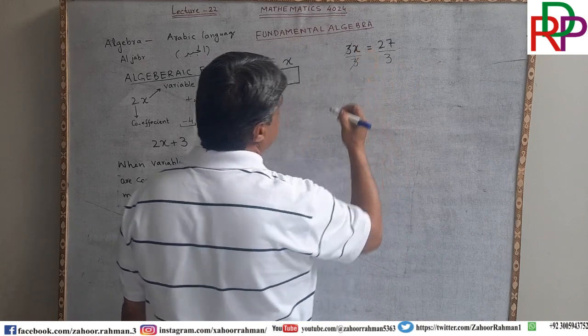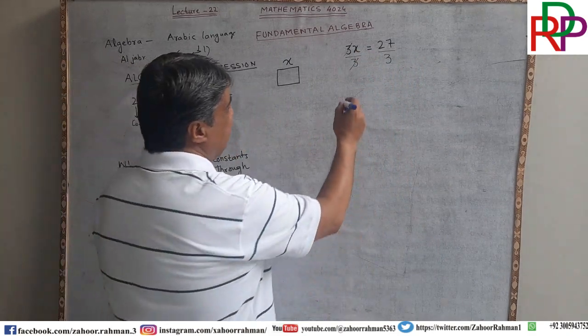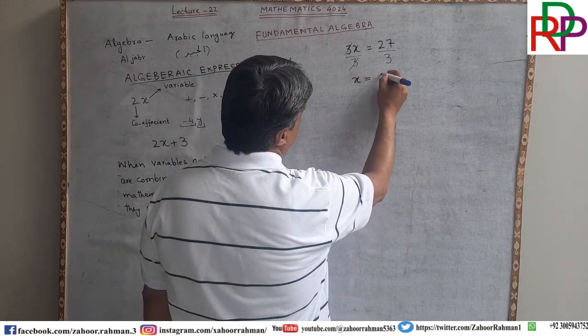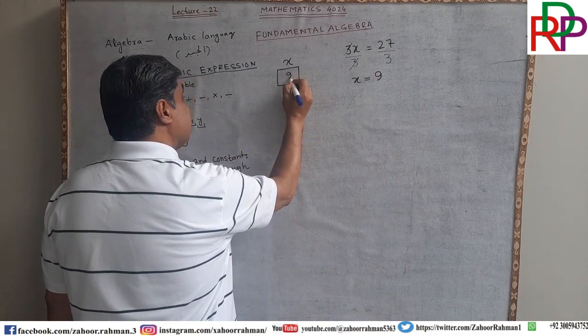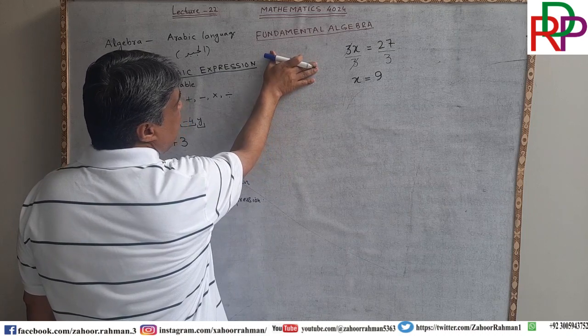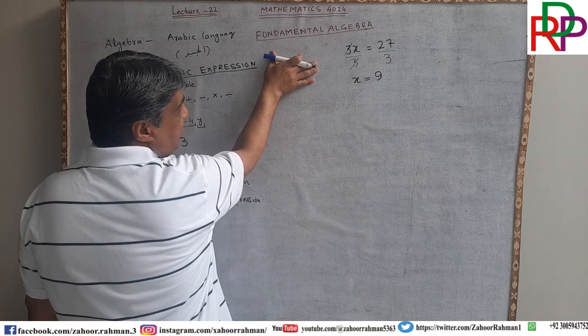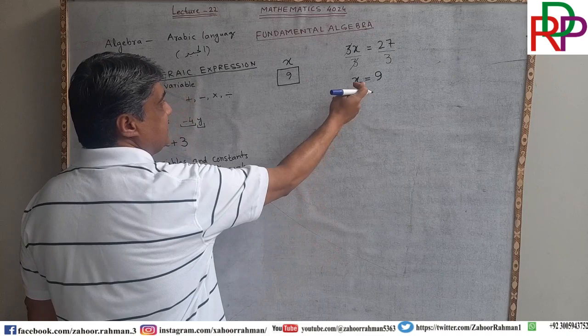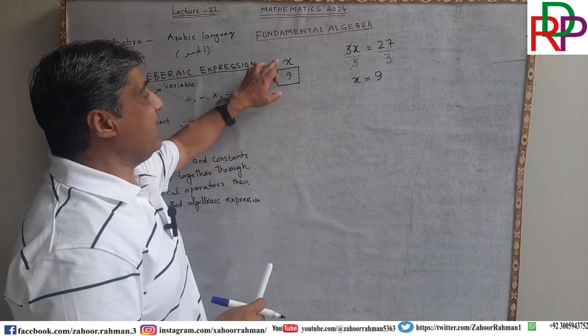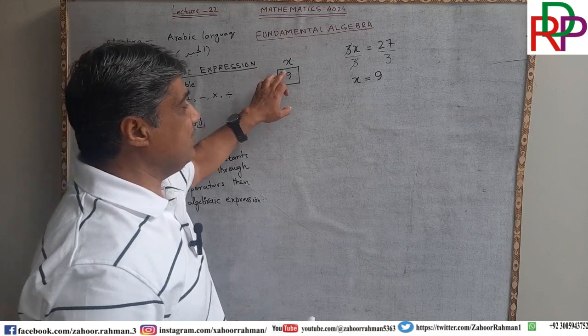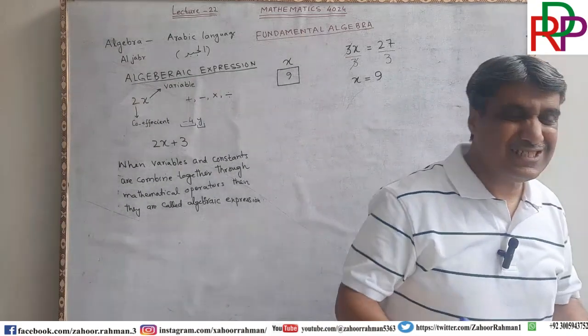So 3 will be cancelled with this 3 and x is equal to 9. So if 9 was written and hidden from you, and the person shows it, yes, we found the correct answer of this box. Now x value can be found by this.